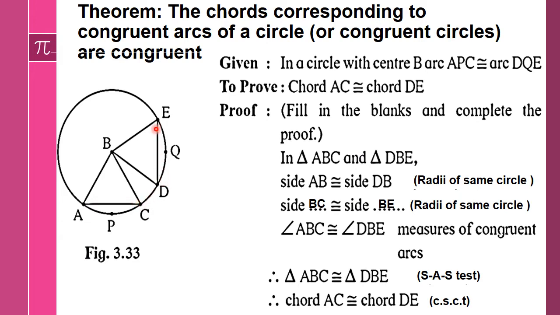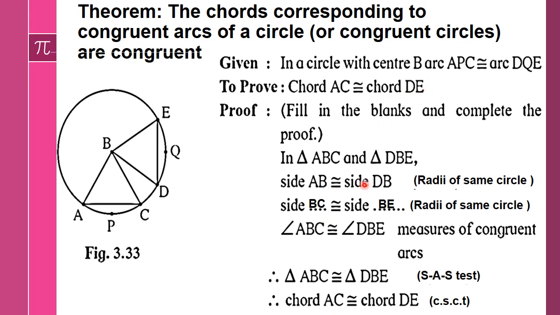That is what the statement of the theorem says. So if you have two congruent arcs, and if you join the endpoints and form a chord, then those two chords are also congruent. Given: in a circle with center B, arc APC is congruent to arc DQE. To prove: chord AC is congruent to chord DE.